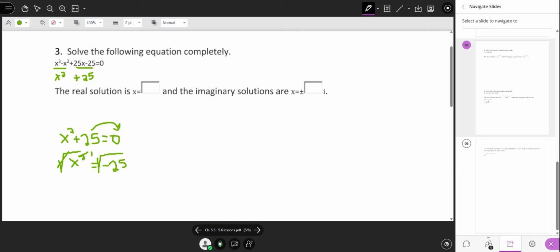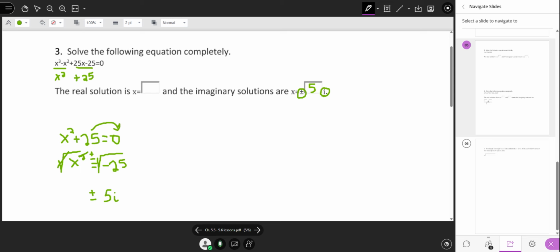This is plus and minus. And you get 5i. Notice plus and minus. Notice i. All you have to do is put 5 here.